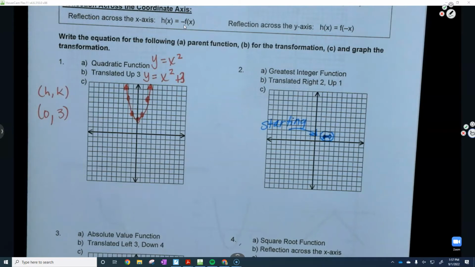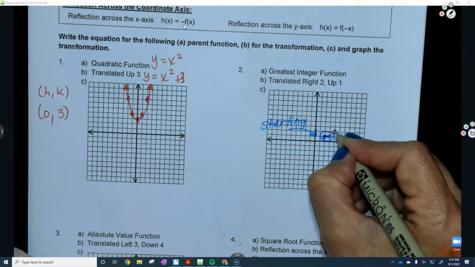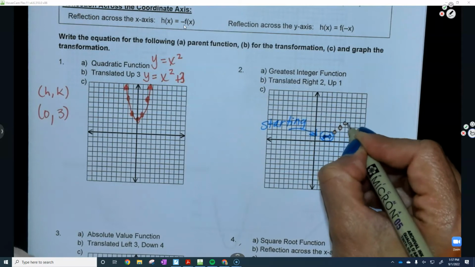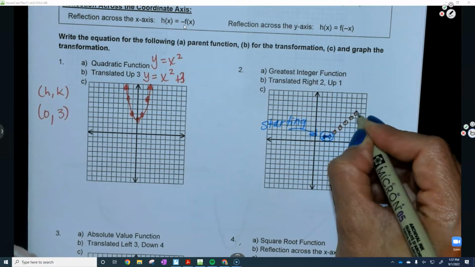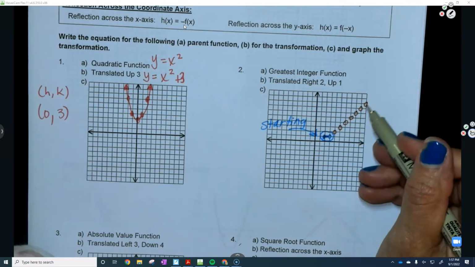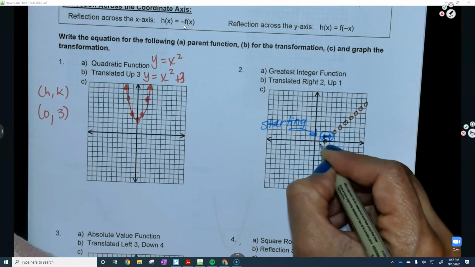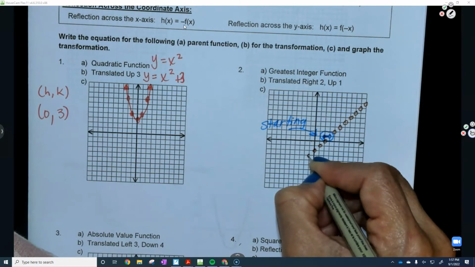I'm going to figure out what other color I want to use, which is this crazy brown. Brown is cool. Now, guys, this open circle, we are going to have all open circles on that diagonal. So if you notice, the greatest integer function is going to continue with open circles on the diagonal going up and going down. Just be careful.